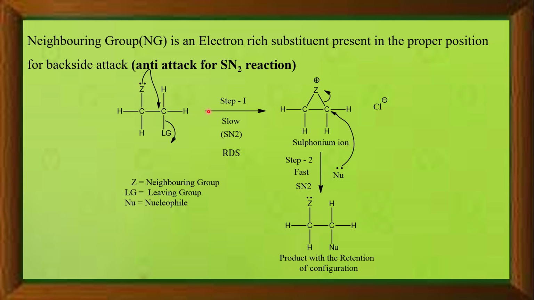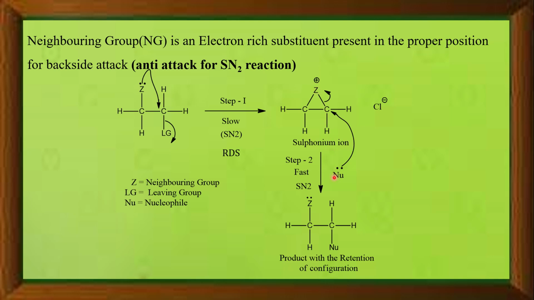In the first step, the neighboring group attacks exactly from 180 degrees with respect to the leaving group, that is a backside attack, an SN2 reaction by which the neighboring group pushes the leaving group out. So one SN2 reaction has taken place, resulting in the formation of a cyclic ion. And this cyclic ion is unstable because it is holding positive charge on an electronegative atom.